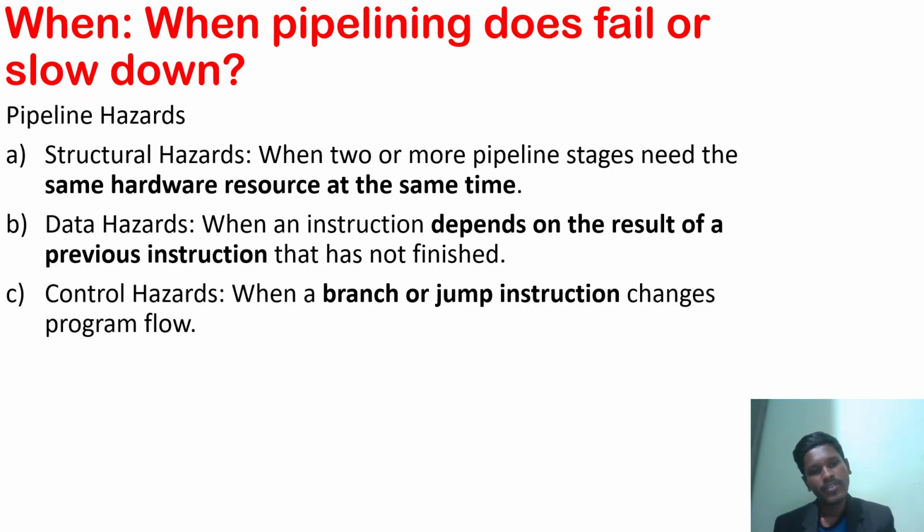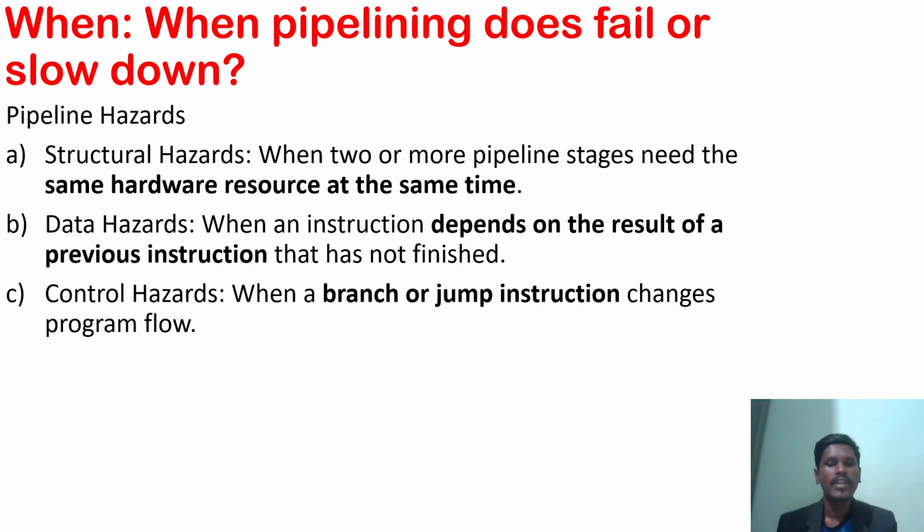If the document verification takes more time, it causes a hazard to that process. Hence, pipelining also has some hazards when it is in process. So these hazards are structural hazards, data hazards, and control hazards.